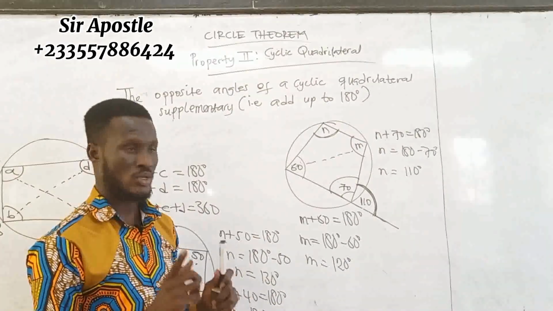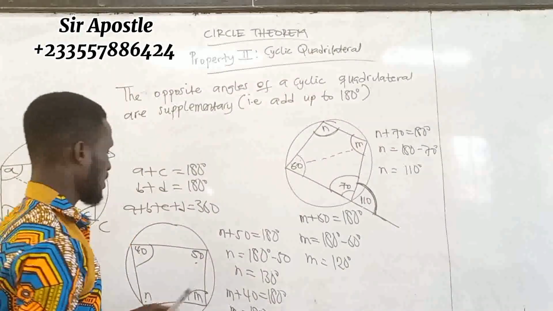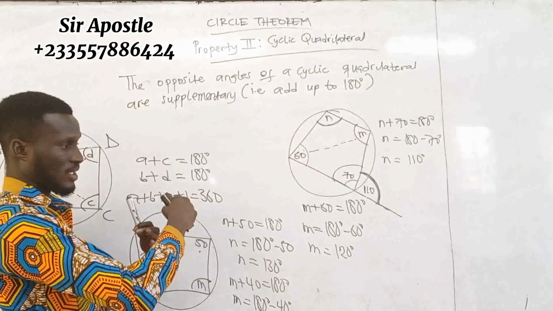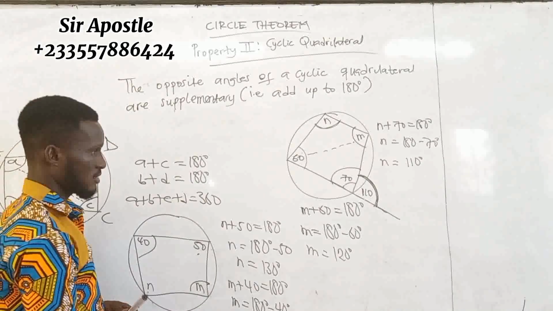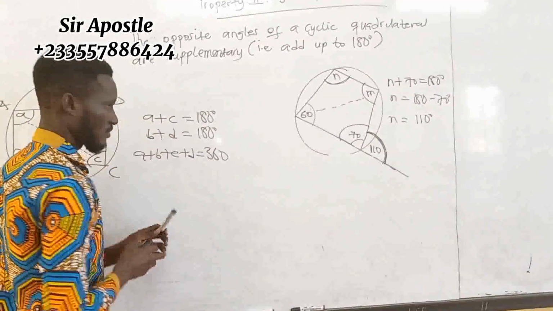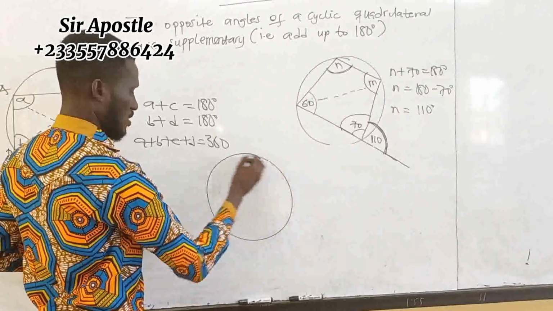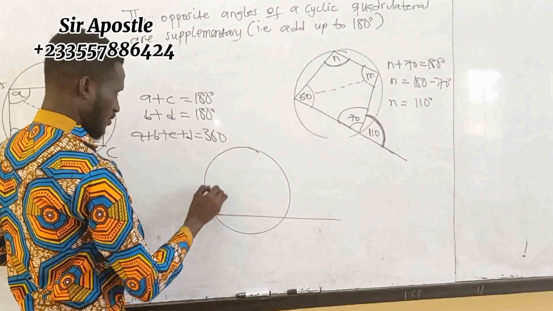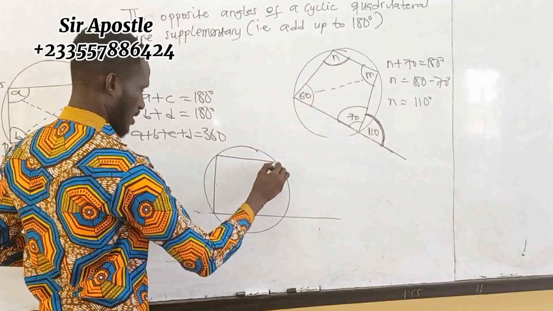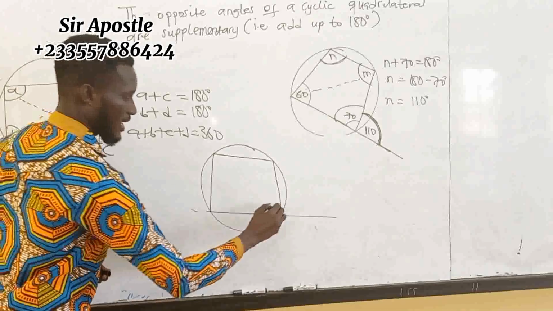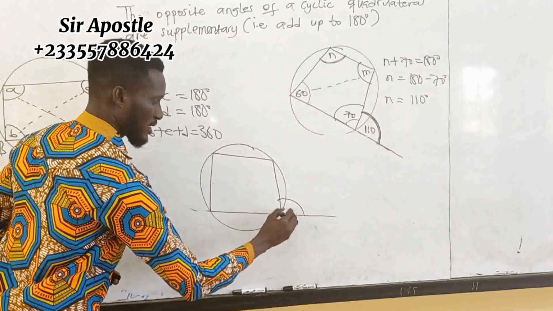We can put that rule in our mind that when we have a quadrilateral where one length is being extended, for example like this, this one forms an angle here, and an angle here, and this one is the angle being extended.